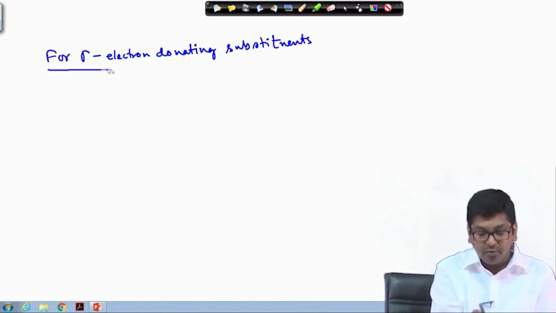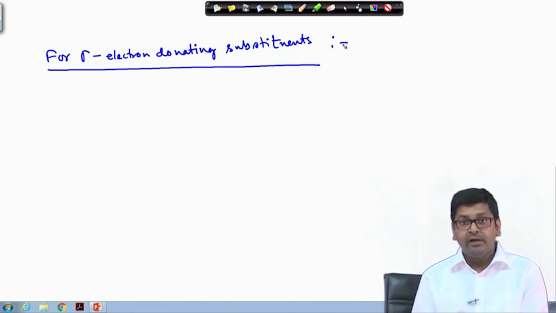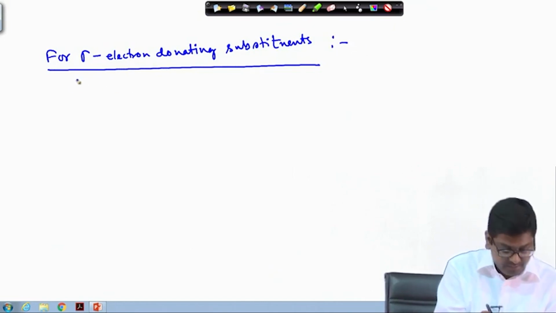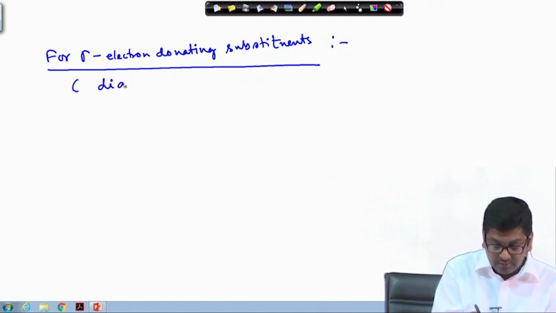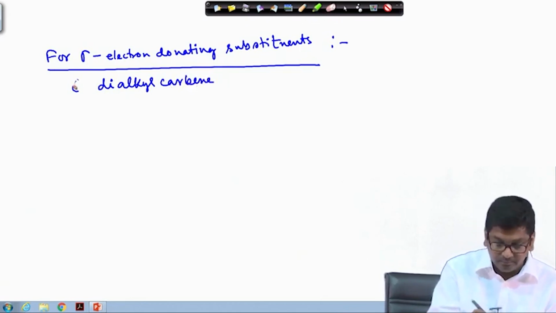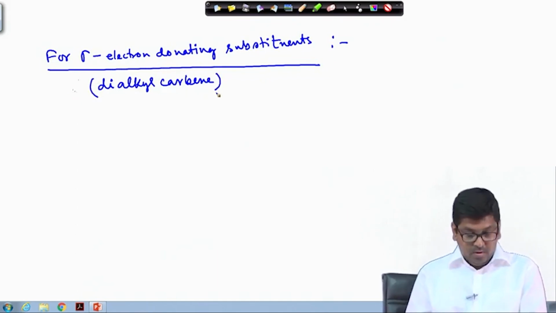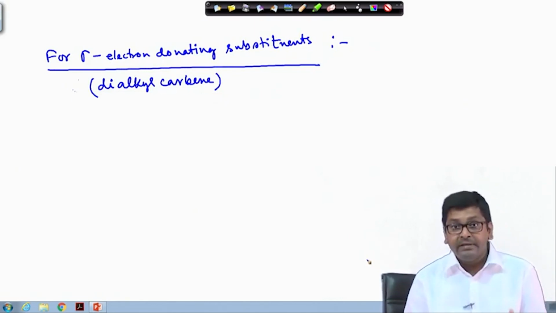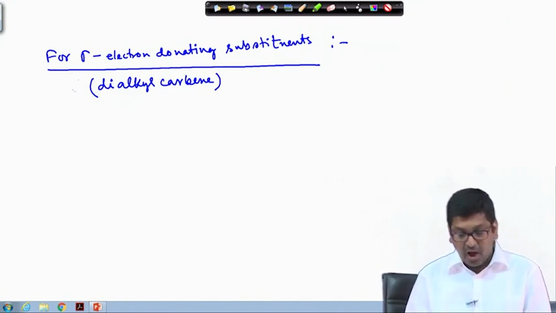As per example, dialkyl carbene. So, if sigma electron donating substituents are present in the carbene, how will it behave?